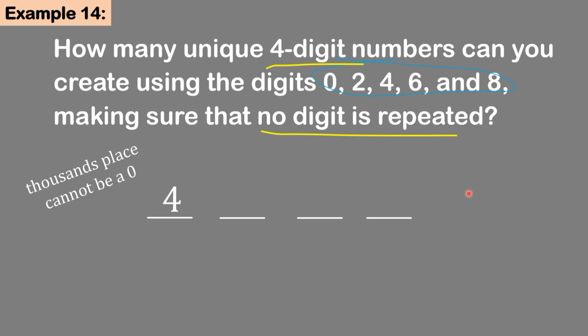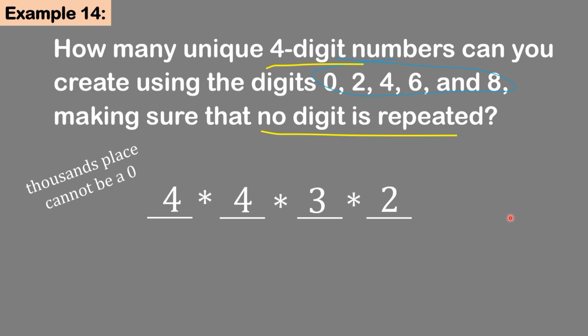There are 4 choices for the first digit. These are 2, 4, 6, and 8. After choosing the first digit, there are also 4 choices for the second digit, including 0. Then after choosing the second digit, there are 3 remaining choices for the third digit.